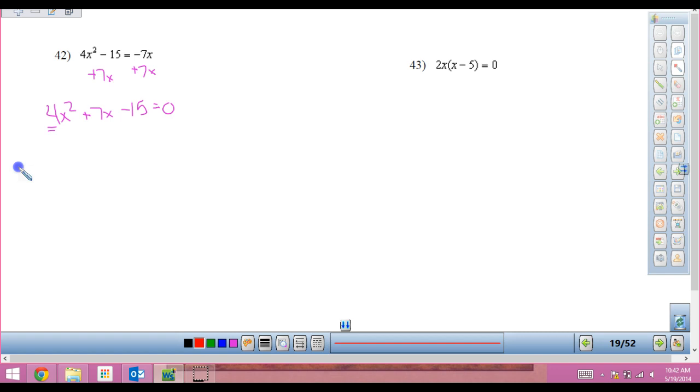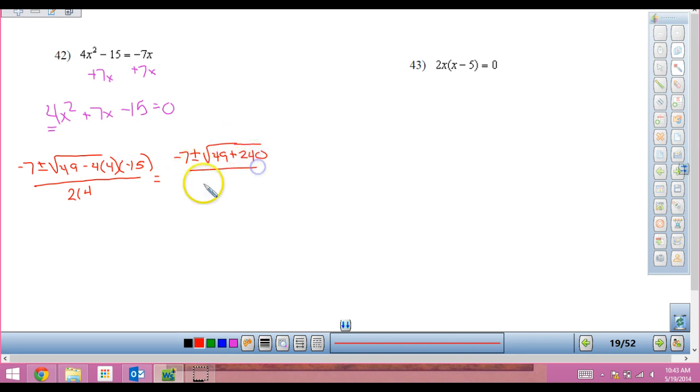So the opposite of b, negative 7 plus or minus the square root of b squared, 49 minus 4 times A times C, all divided by 2 times A. So this is going to give us negative 7 plus or minus the square root of 49 plus 240 when we type all that junk in there, all divided by 8. So negative 7 plus or minus the square root of 289, all divided by 8.